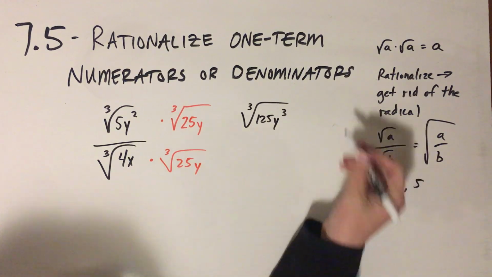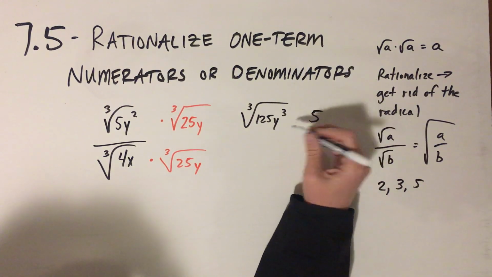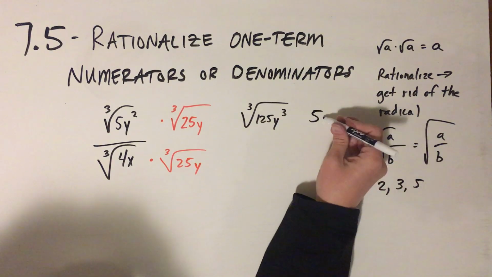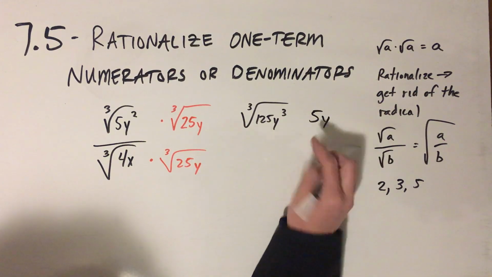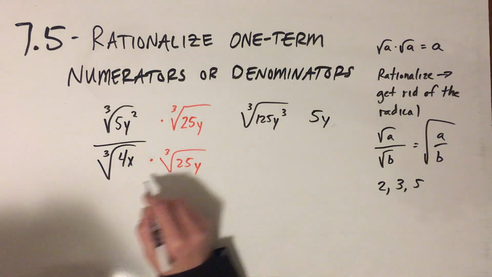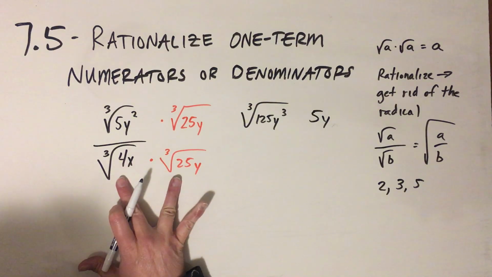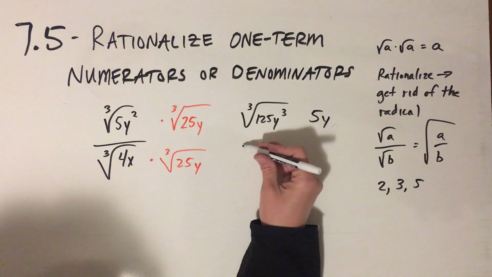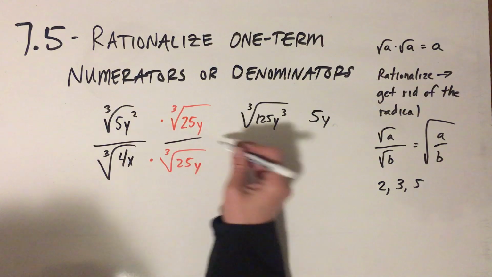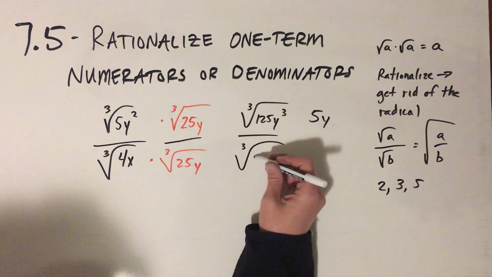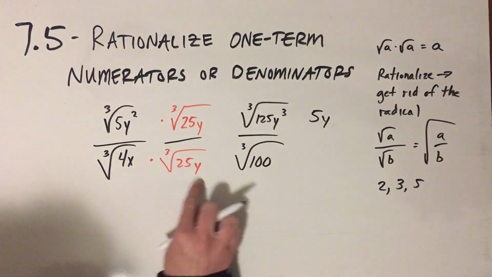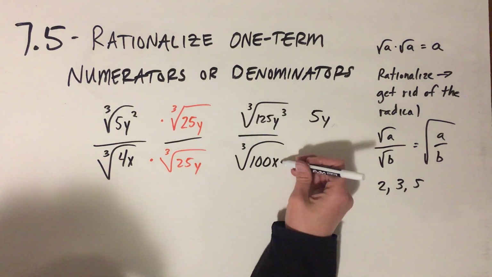Again, 125 is a perfect cube. That's going to be a 5. And y cubed is also a perfect cube, and that's just going to be y, so 5y. On the bottom, though, I'm going to have 4 times 25, which is going to give me 100, and then this x and this y.